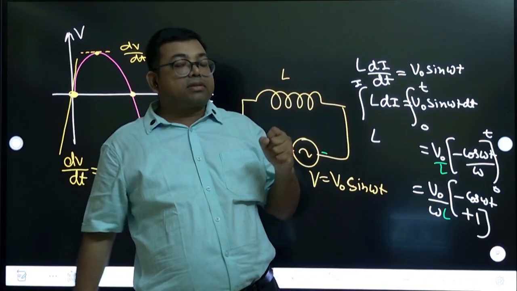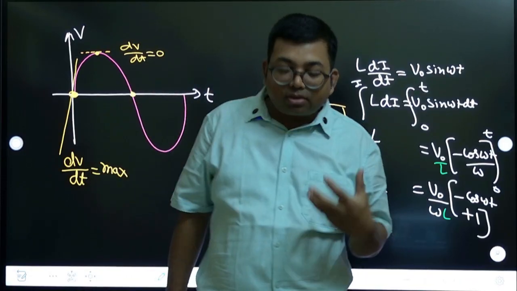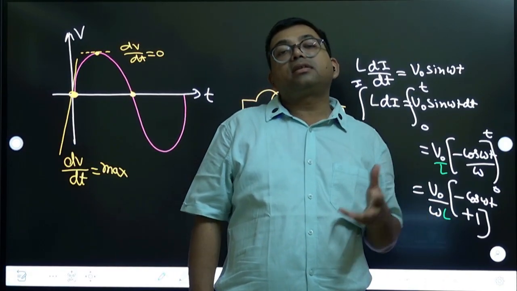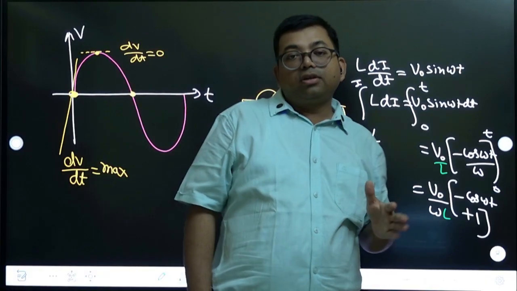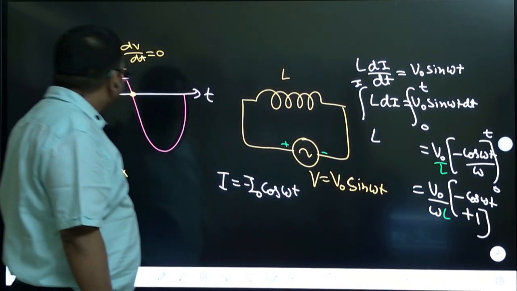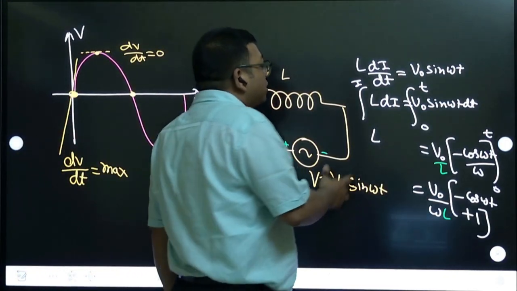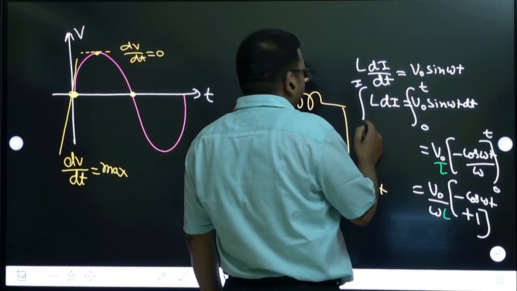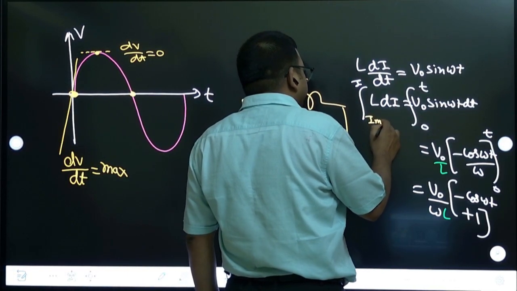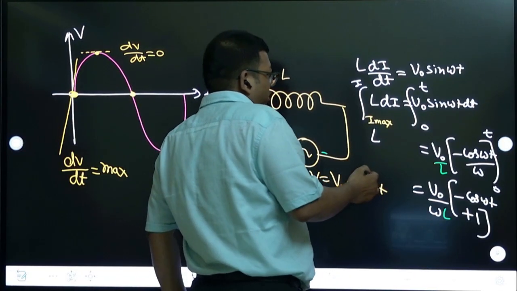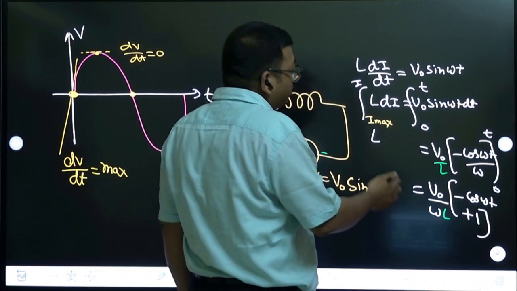If inside the inductor coil change is not happening, then induction will not happen. Here at this instant, change is maximum, that's why initially the current itself is maximum. So when you are taking this limit, you have to consider maximum current, then you can solve.